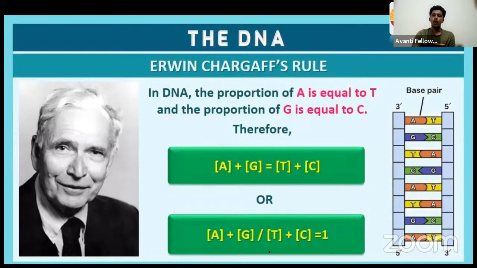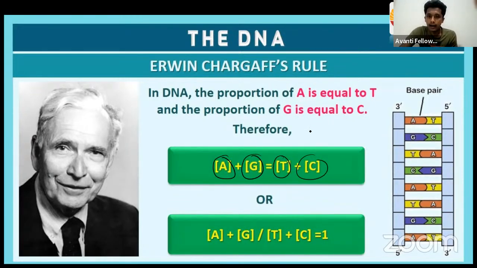Before the structure of the DNA was proposed, Chargaff had proposed his rule, called Chargaff's rule, where he gives us an equation for the purine to pyrimidine ratio. Adenine and guanine are purines; thymine and cytosine are pyrimidines.